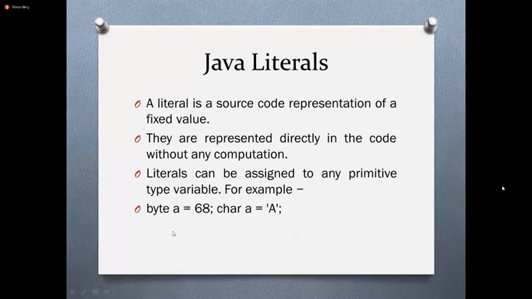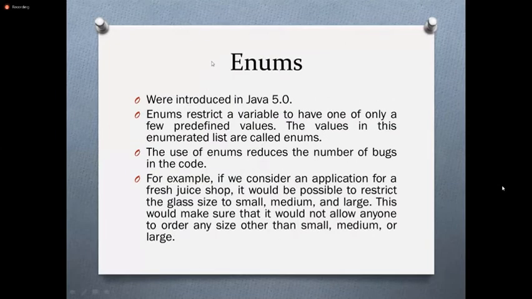Then we'll move on to the next term, that is enum. Enums were first introduced in Java 5.0. Onwards, enums are used to restrict a variable to have only one of predefined values.